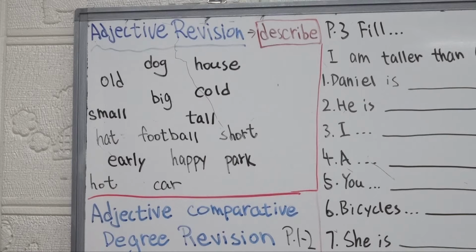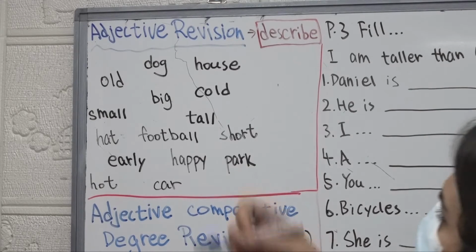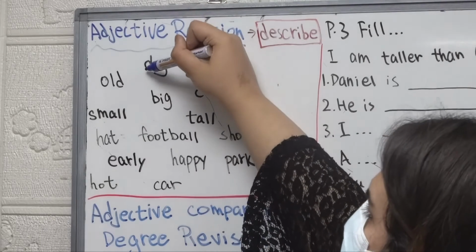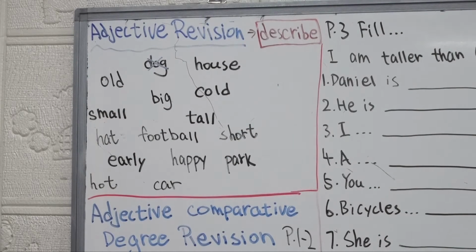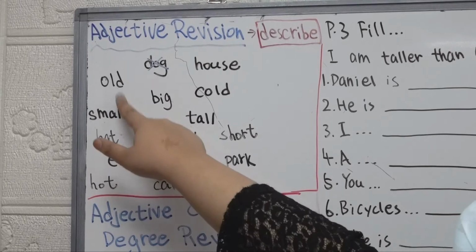So let's do it. Number 1, dog. Do you think dog is an adjective? How do you describe somebody? Do you say you are a dog? No, right? So of course this is not an adjective, okay? It is a noun instead. Next one, old.